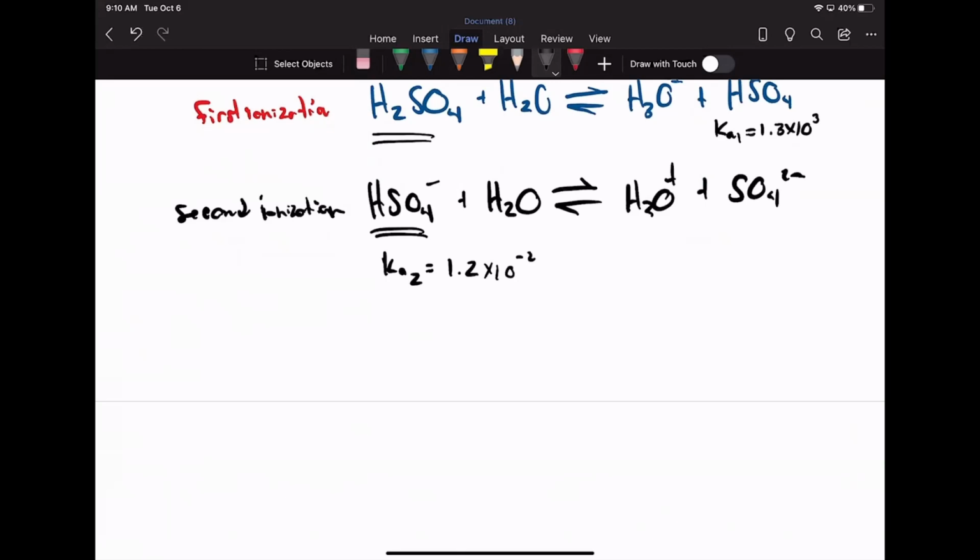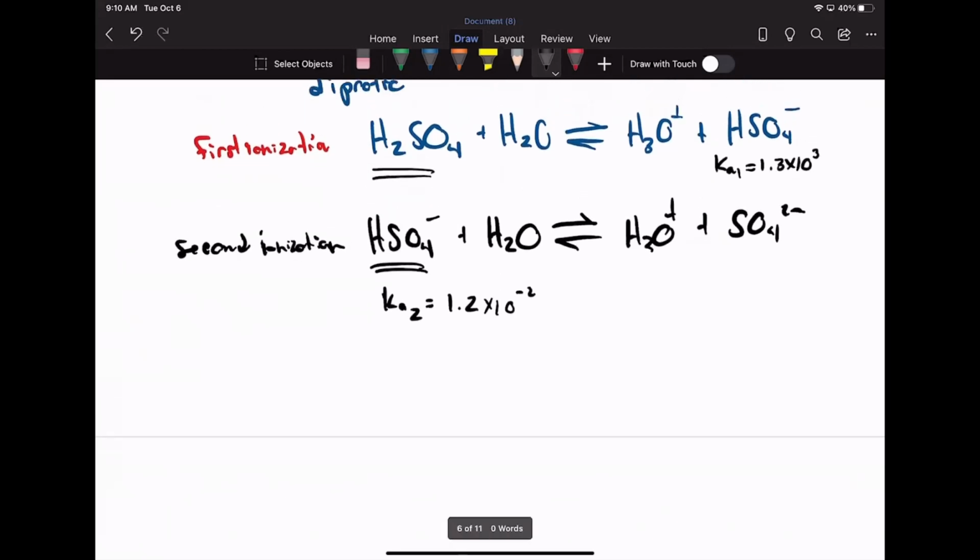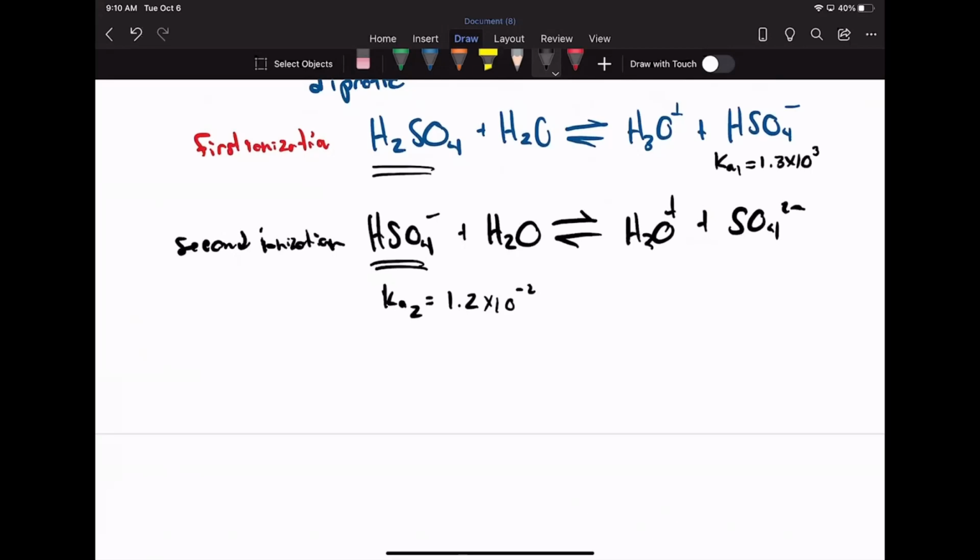Because we have two different Ka values, we can also look at it differently, not just between those two Ka values, but the actual calculation for the Ka. So for the Ka1, that's going to be our products over reactants: concentration of hydronium, concentration of HSO4 minus, over concentration of our sulfuric acid. And we'd be able to calculate the Ka1 from here.